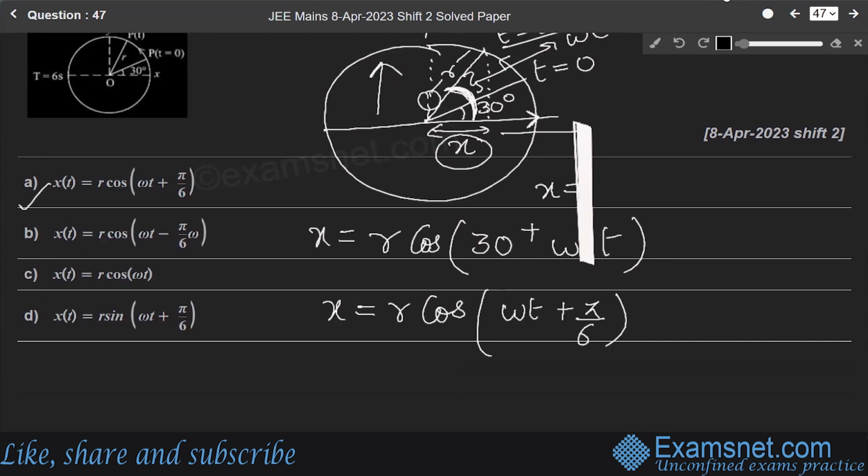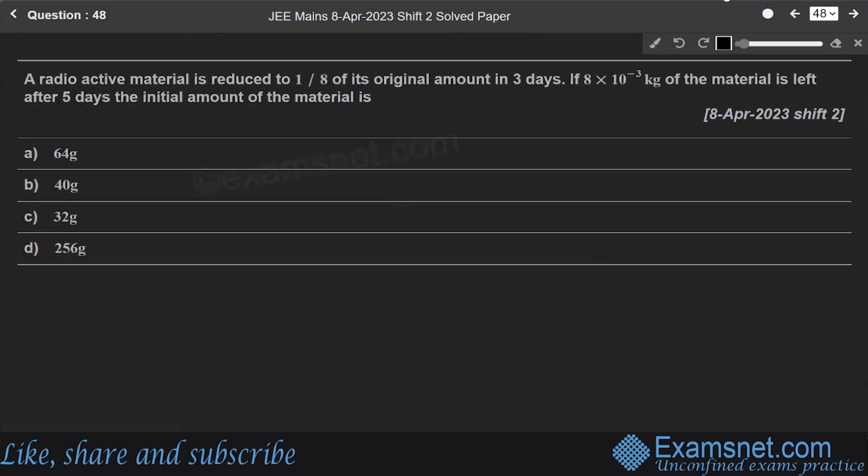Now moving towards our next question, question number 48. This question says that a radioactive material is reduced to 1/8 of its original amount. Let us say at first the original amount is N naught, and it is reduced to N naught by 8. This happens in T equals 3 days.